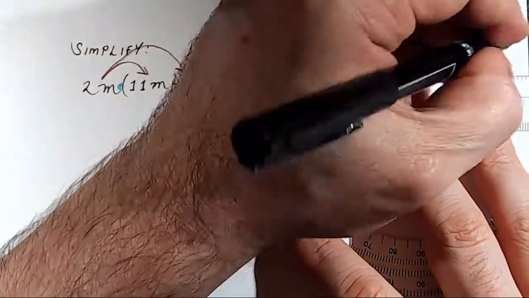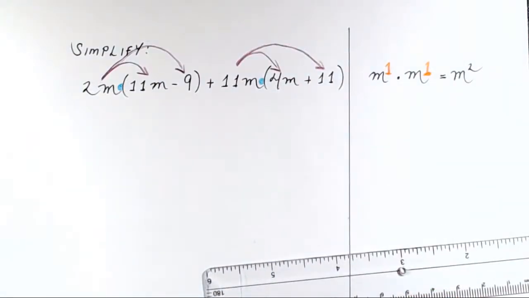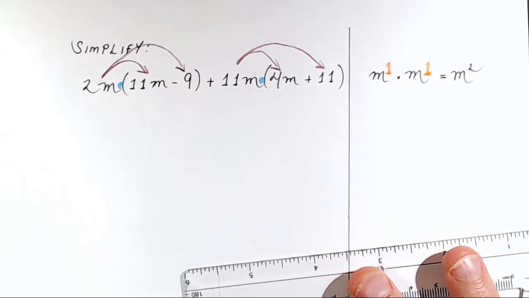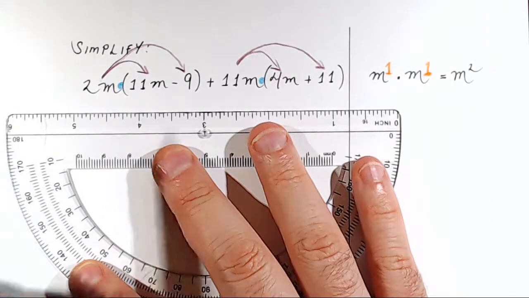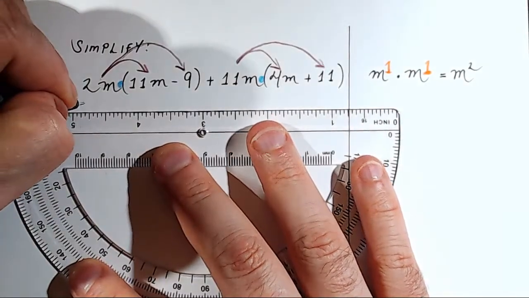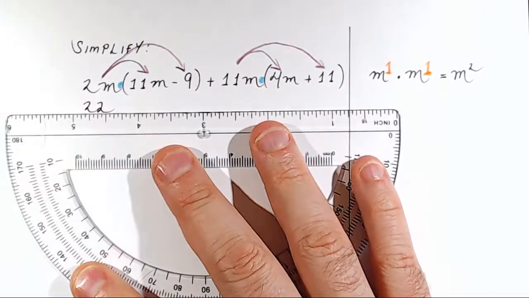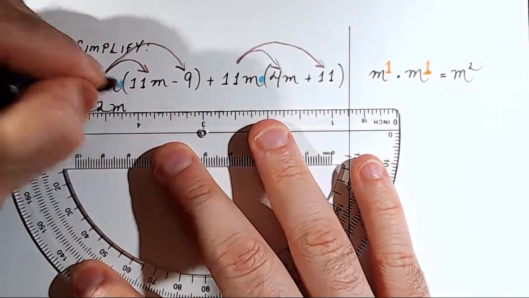So it becomes m squared. And that's as hard as this is, because the other thing we have to do, 2m times 11m, is multiply 2 times 11, which is 22. And then m times m is m squared.